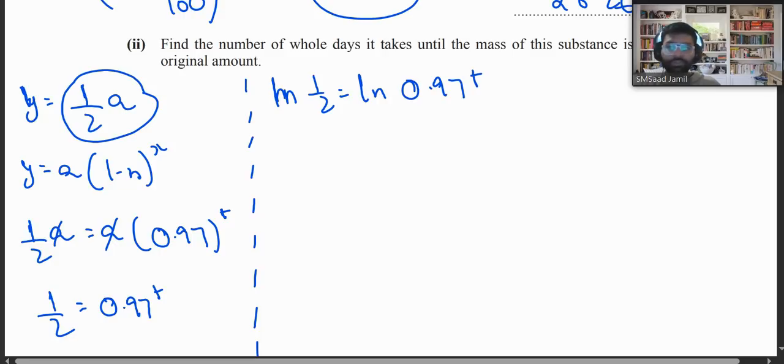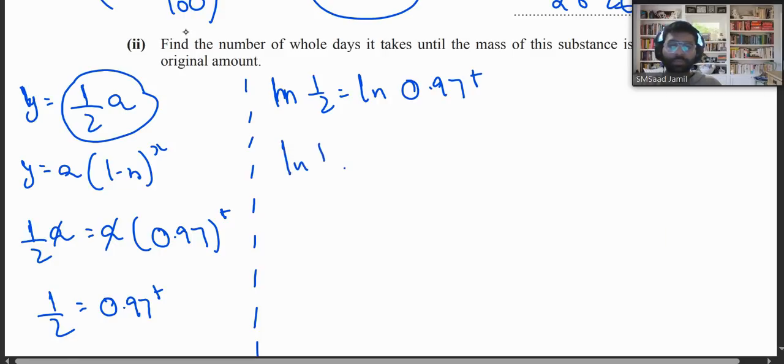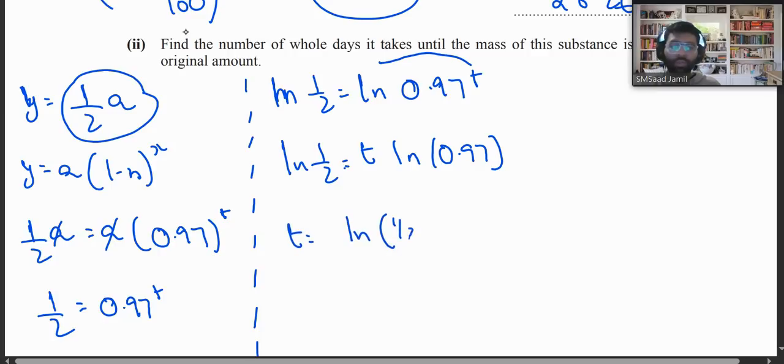Alright, so since we have used log, ln 1/2 is equal to t ln 0.97. The t comes down because we used ln. So t is equal to ln 1/2 divided by ln 0.97.